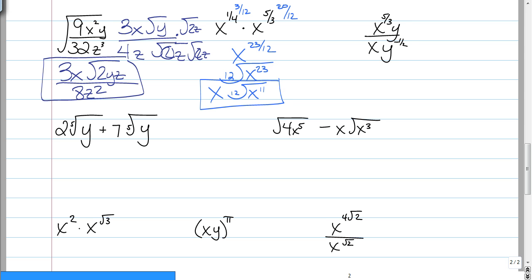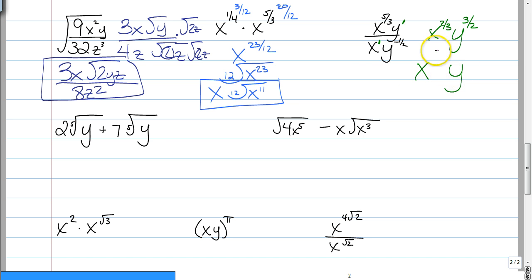Remember, when you are dividing, you are subtracting the exponents. So that's a 1 and that's a 1. So 5/3 minus 1 is going to give you 2/3. So that's x to the 2/3. And now you have 1 minus a negative 1/2. So that is y to the 3/2. So you need to write this as a radical. Since they have different denominators, you need to rewrite them so they have the same denominator.